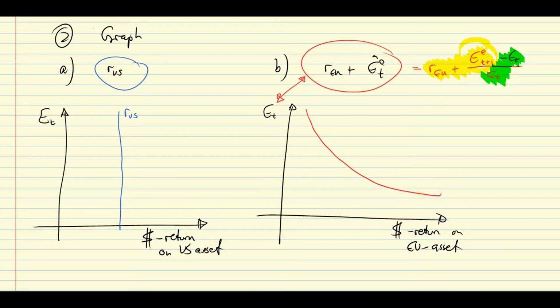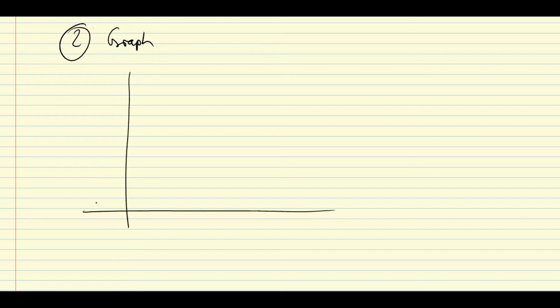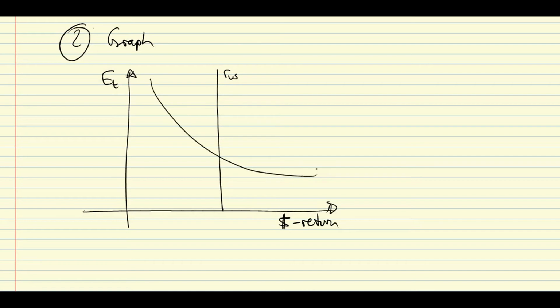Okay, so we have these two curves, and obviously we can combine the two to get our equilibrium graph, or draw this a little larger. So we have ET on this axis and the dollar return on both assets here, and we have RUS independent of the exchange rate and the expected return on the euro asset in this curve, E hat ET.